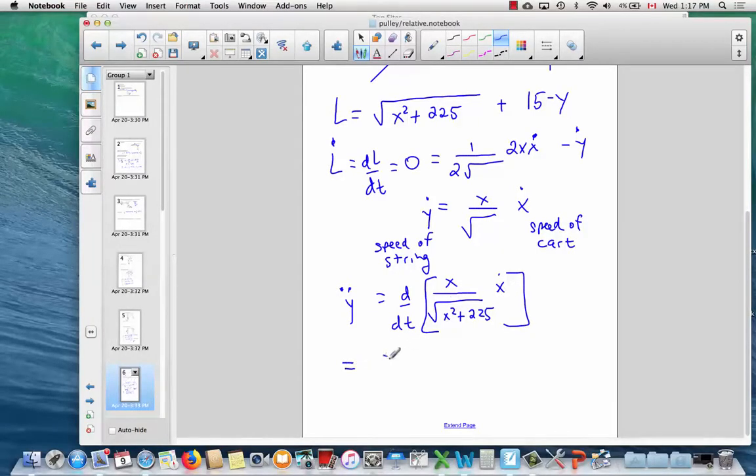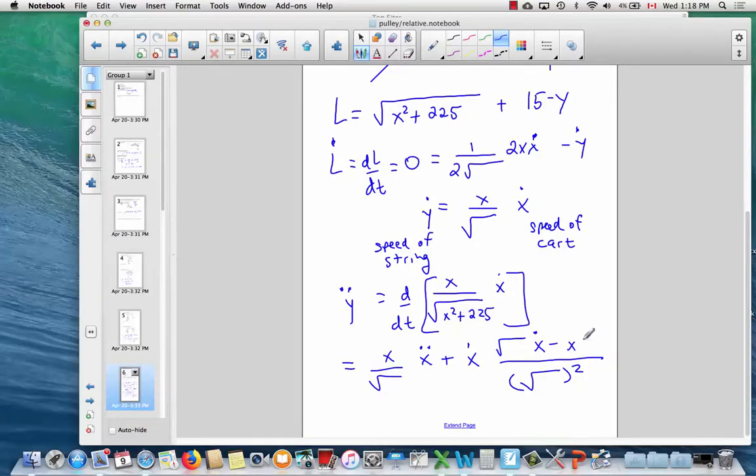So we'll leave the first term alone and multiply by the time derivative of the second term, so that'll be x double dot. Then we'll leave the first term alone, and then we've got to multiply by the time derivative of this. We will use the quotient rule for that. So square the denominator, take the denominator and multiply by the derivative of the top, minus the top times the derivative of the bottom.